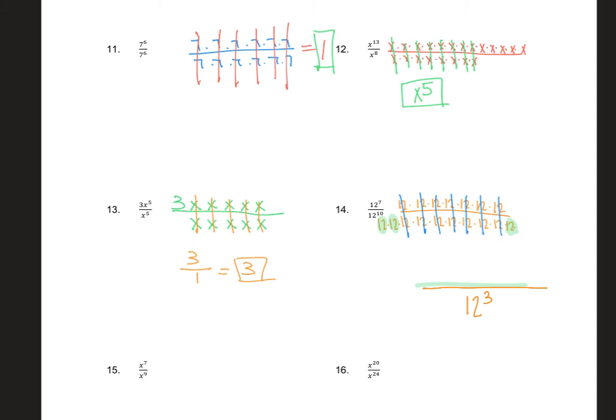Because there's, quote, nothing in the numerator, because every 12 in the numerator has been knocked out. I write a 1 because 1 is a placeholder. So my answer is 1 over 12 to the third.